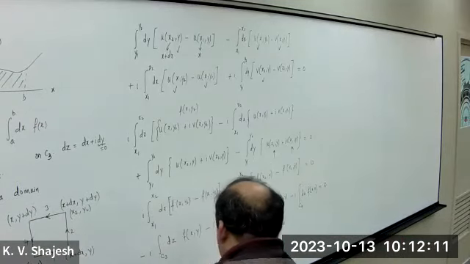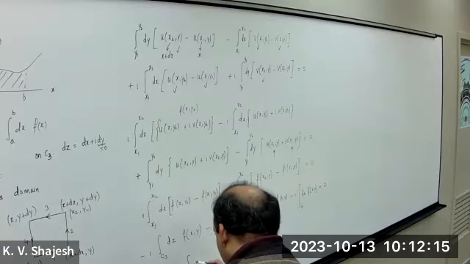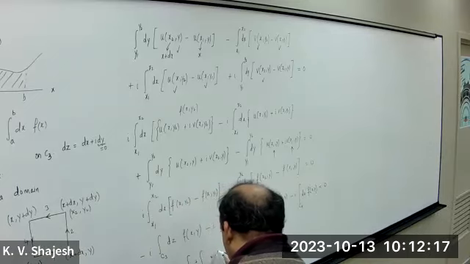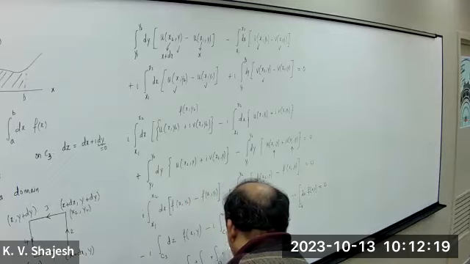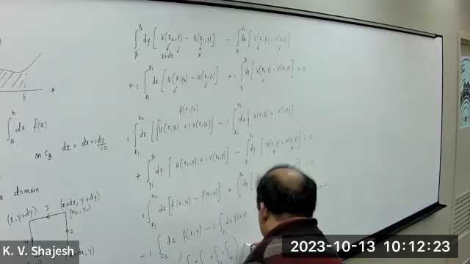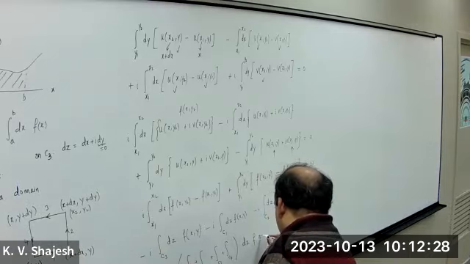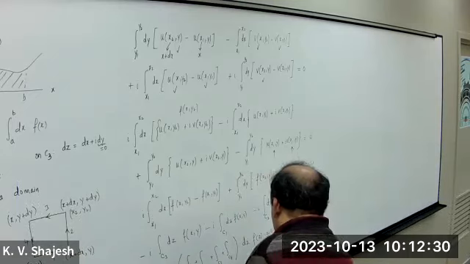Minus i is common in the whole thing. I drop that out, and this is nothing but C1 plus C2 plus C3 plus C4 of dz f of x, y, which is nothing but f of z. That's equal to 0.